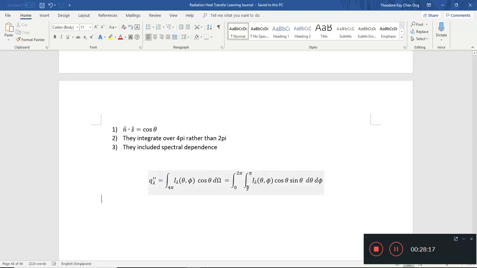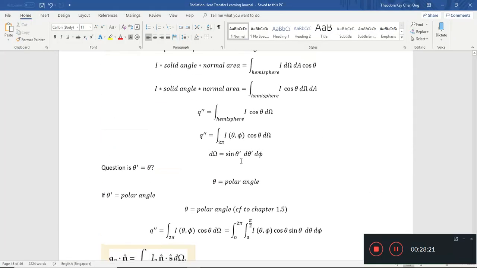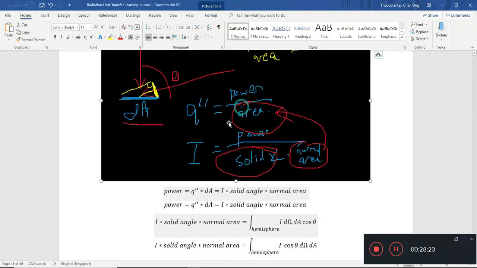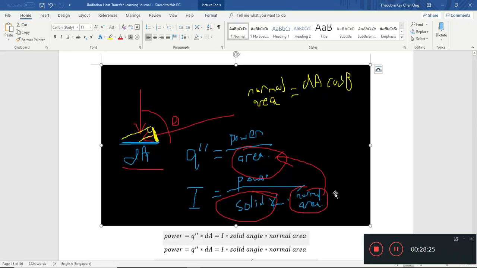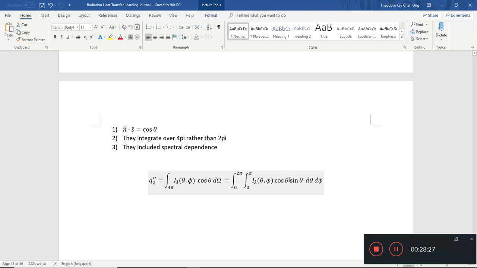What this equation is saying is that I take the normal area into account, and I've taken solid angles into account by integrating across all solid angles. That's why you see this integral sign here. And you have this cosine theta, which accounts for the difference between area and normal area. This theta is the polar angle. You just integrate that and you will get your heat flux.